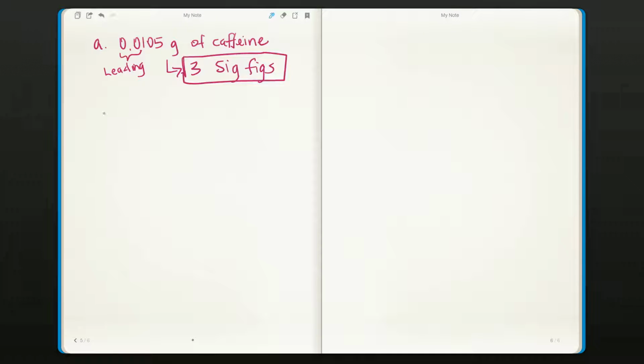Okay. B, 0.050080 grams. Okay. Now this again has some leading zeros, so those don't count, but all of these numbers count.